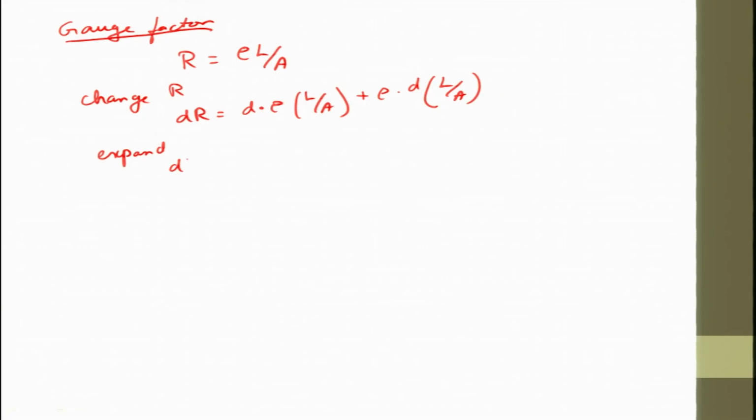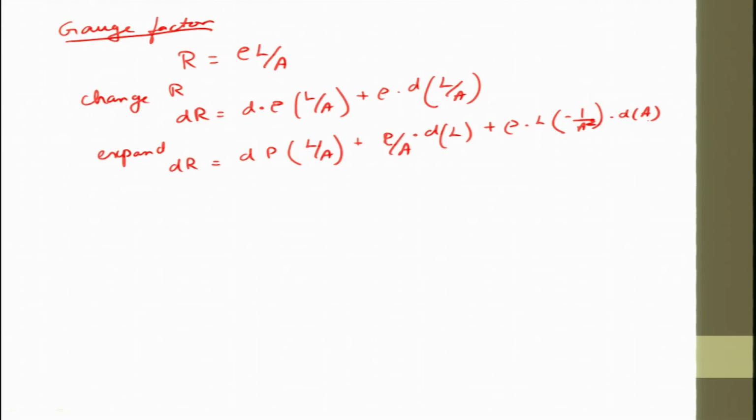dR is nothing but d rho L by A plus rho by A into dL plus rho into L times minus 1 by A square into dA.